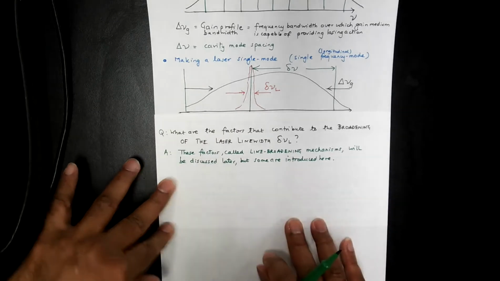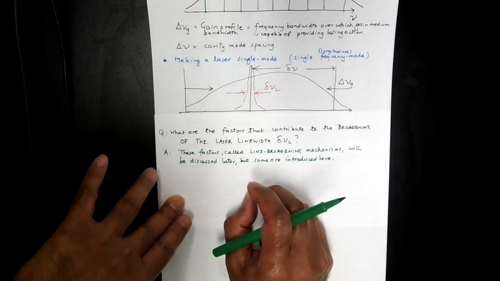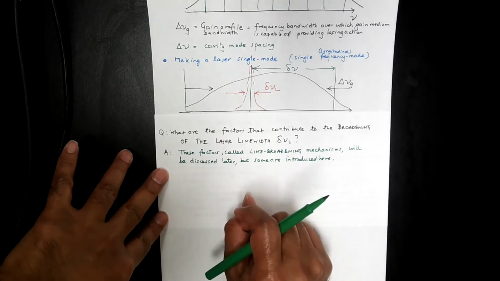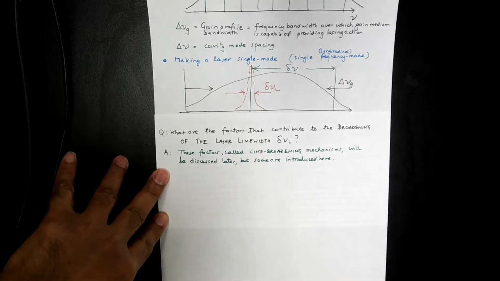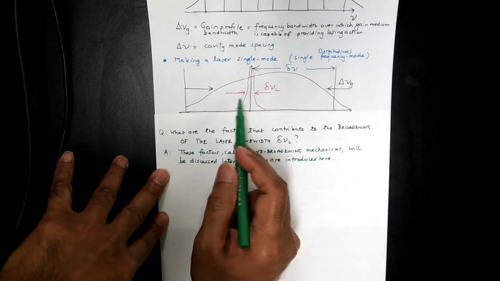So the point is that some of these are pretty technical sort of factors. I mean, just because the mirrors jitter and there may be impurities or something, and that can cause a broadening.